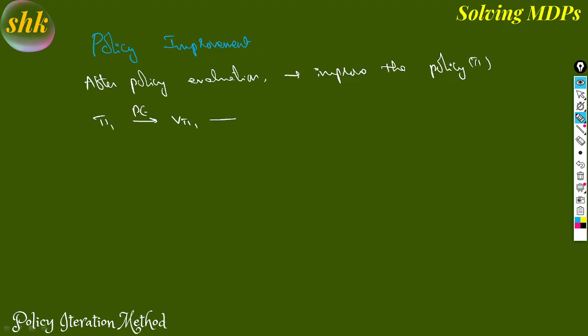Then we are going to find the policy improvement to obtain the new policy pi 2, such that the new policy which you are getting is always better than the old policy. Then only we can consider it as policy improvement. So how we can tell the policy is better is that whatever the new policy obtained, it is always better than the old policy pi 1. So we have to construct the new policy in a greedy manner.